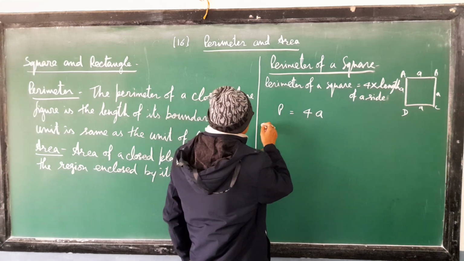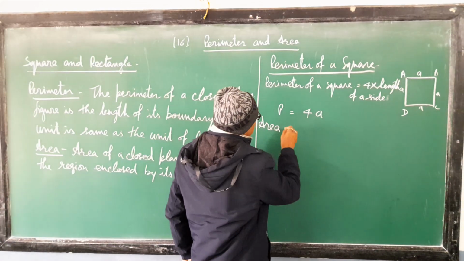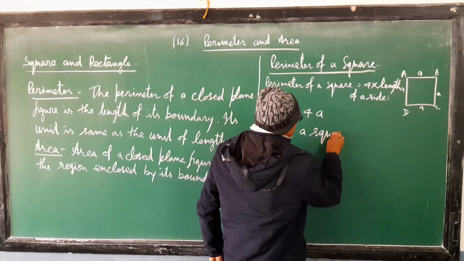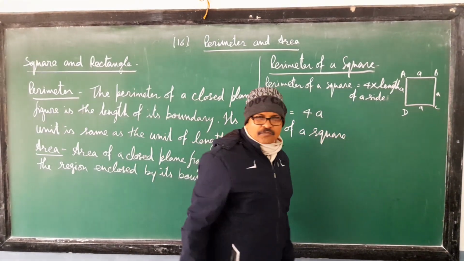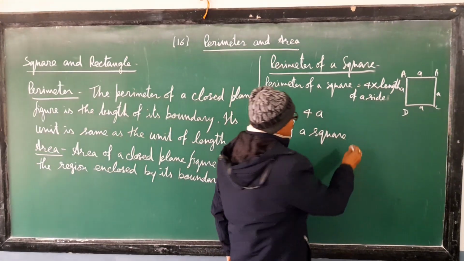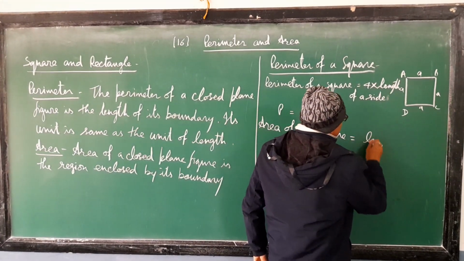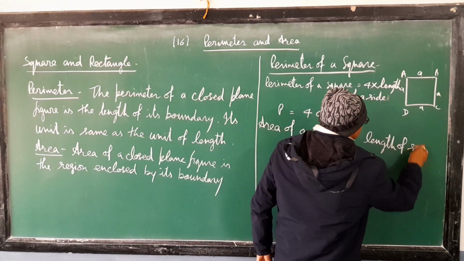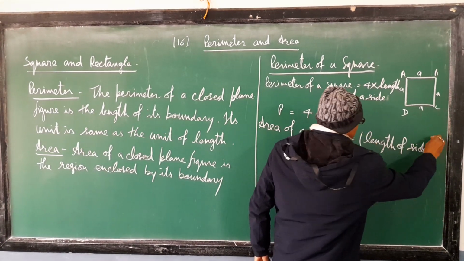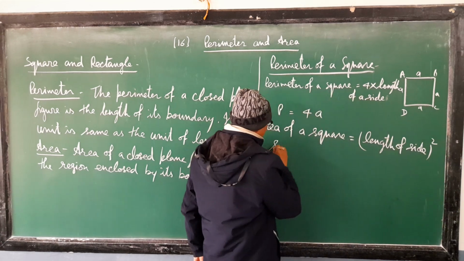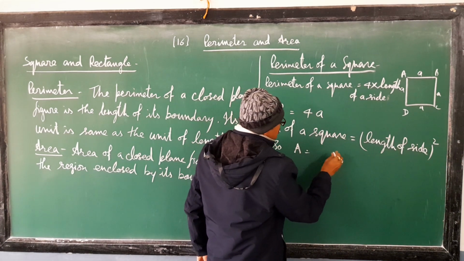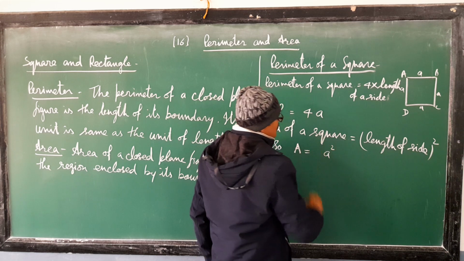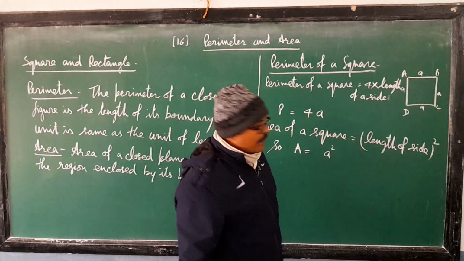Also, area of a square. How to find area? Area of a square is length of side whole square. So A is equal to side square, that means a square. Alright?